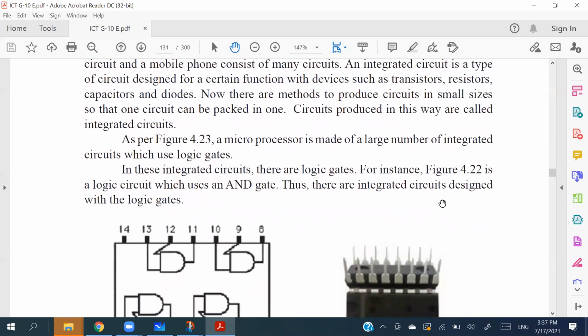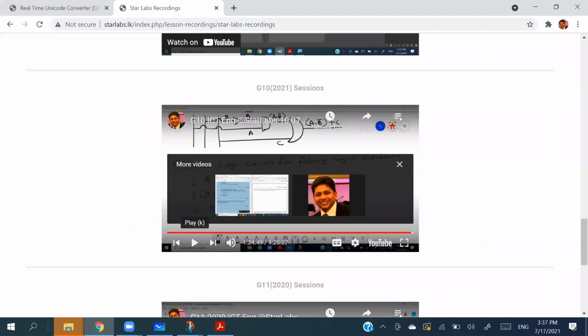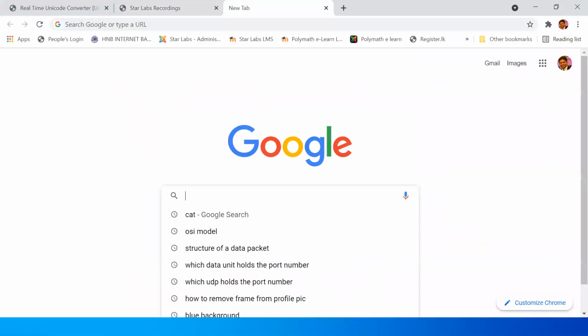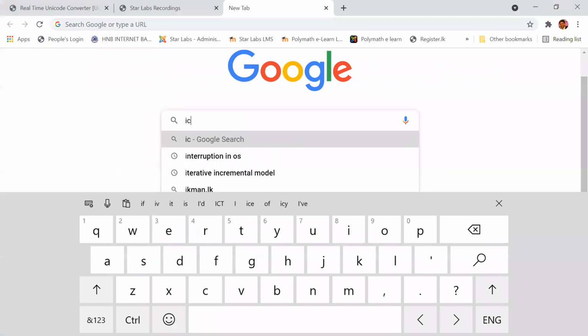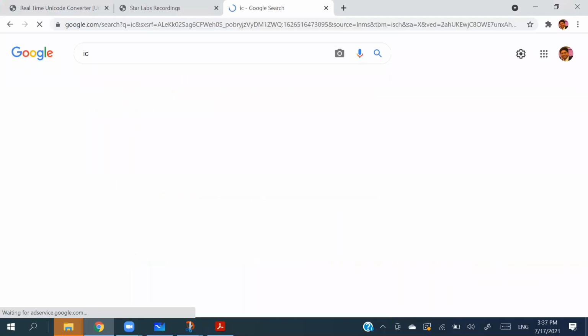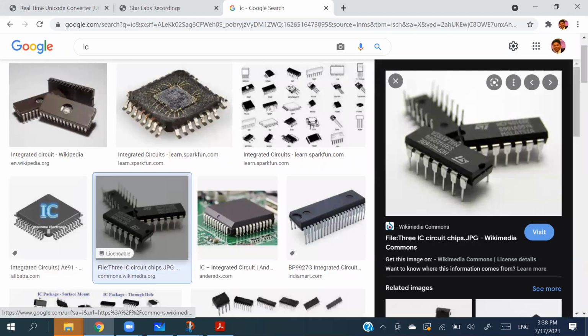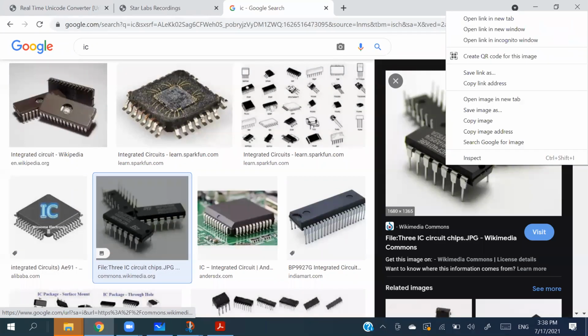Yeah, if you want to see what an integrated circuit is, the pictures shown here are not very clear. They just show one tilted sideways and one turned upside down. I'll show you an IC, right? Right, so here we go. These are what you call ICs, right?